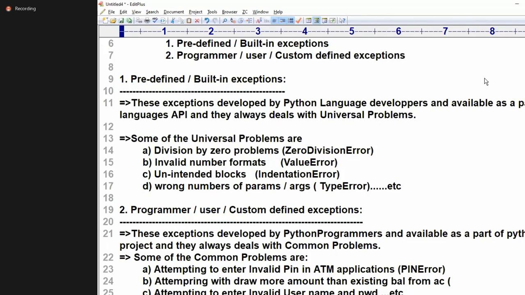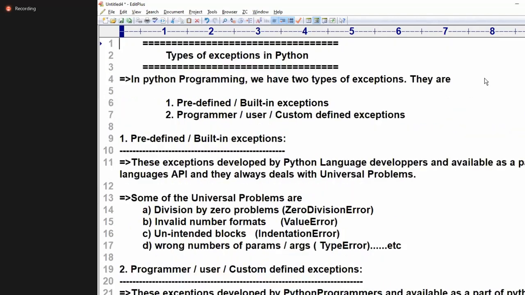What are those two types? Number one: predefined exceptions, and next is called programmer defined exceptions.